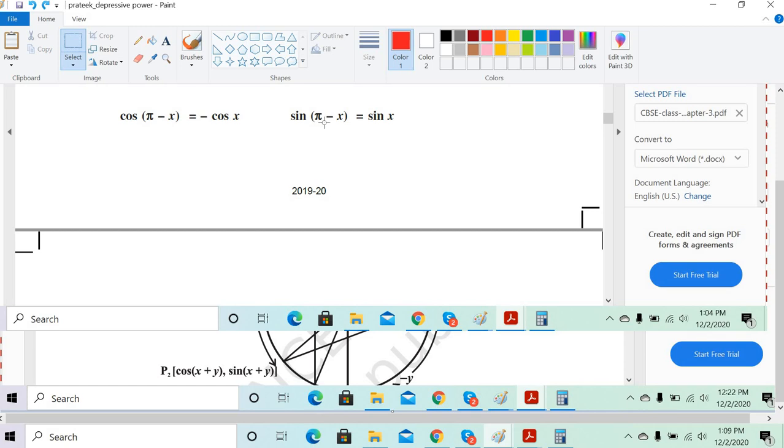We are going in the anti-clockwise direction, and x is some angle which we are subtracting from the 180 degree. You go towards 180 and then come back by whatever angle is subtracted out of 180 degree.